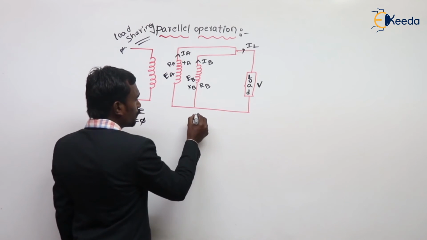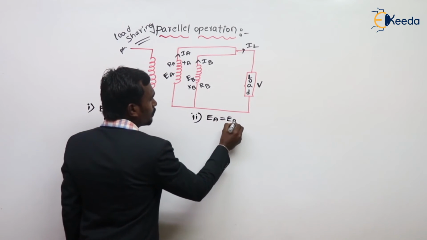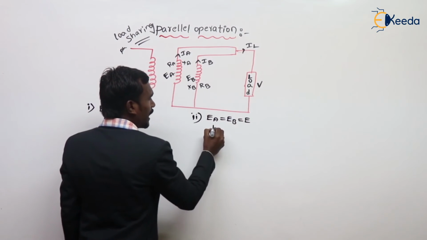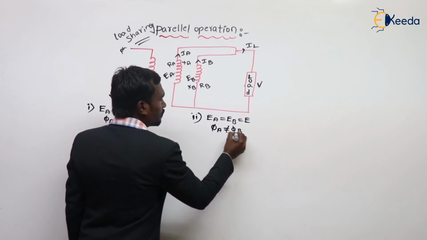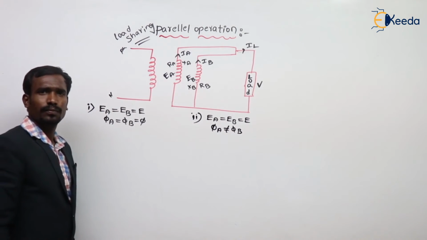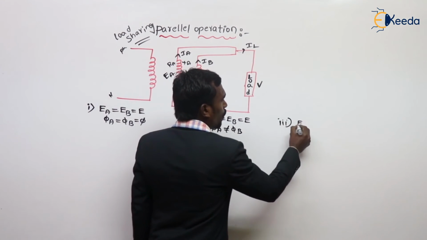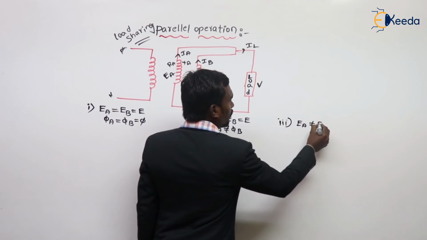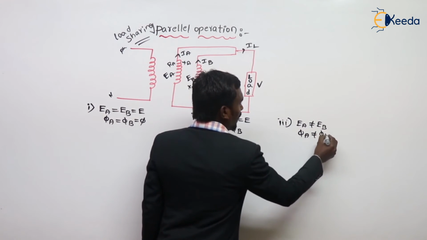In case 2, the voltage ratio is the same, but the X by R ratio is not the same. And in case 3, the voltage ratio is not the same and the X by R ratio is not the same.